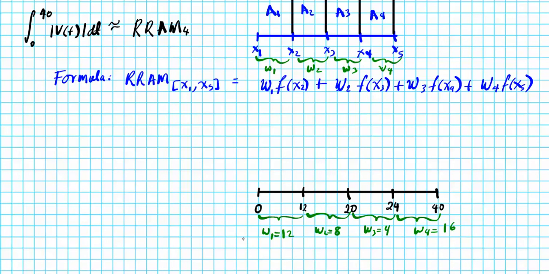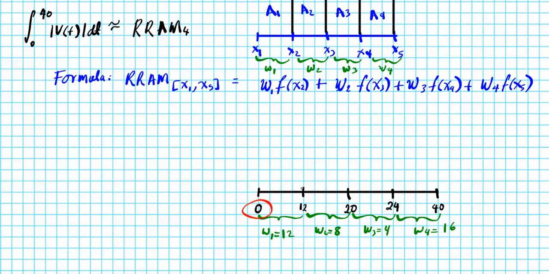Now you're going to find the height of each rectangle and then multiply them by the corresponding widths to get the area. So since we're doing the right rectangle approximation, you're picking all the points to the right of the left endpoint. So you ignore 0. This is not factored into the calculations. If you're doing LRAM, you ignore 40 and pick all the points to the left.